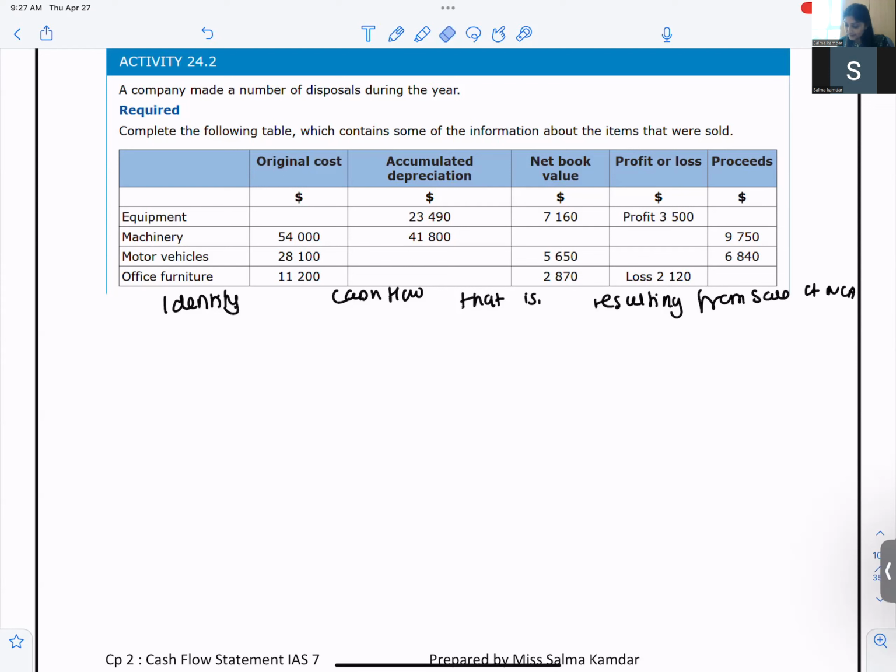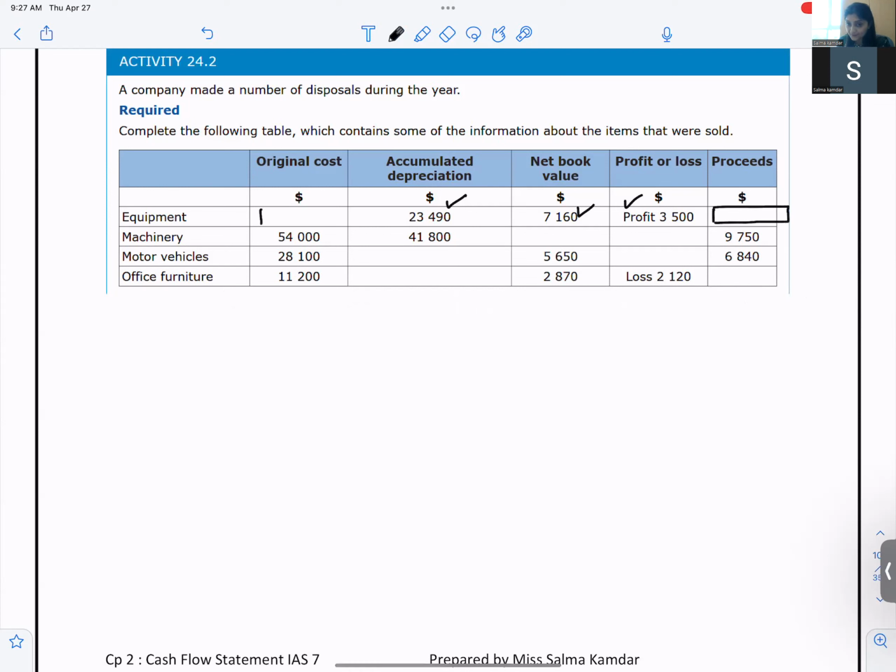Let's see very clearly. I have the accumulated depreciation of the assets sold. I have the net book value of the assets sold. I have the profit or loss. I need to find out the proceeds and I need to find out the original cost of the asset. Can we find out? Can we do it? Try it.